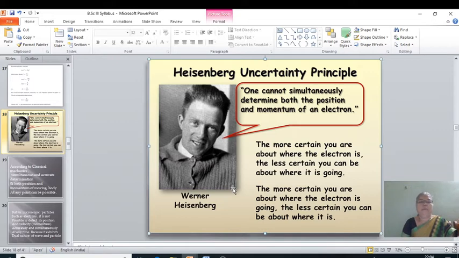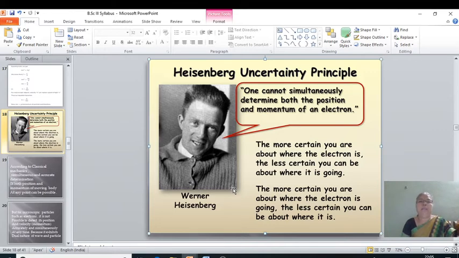In the last lecture, you learned the de Broglie equation, and it explains the dual nature of matter as a particle as well as a wave.